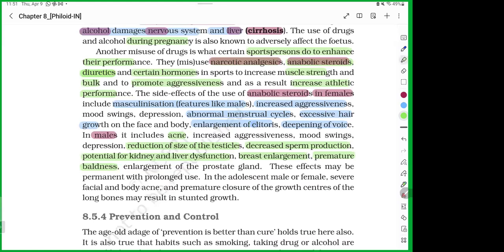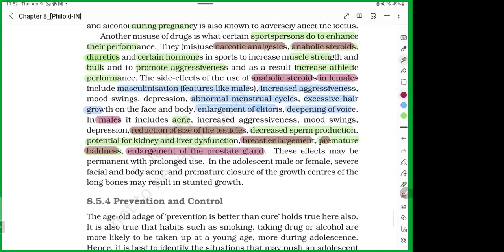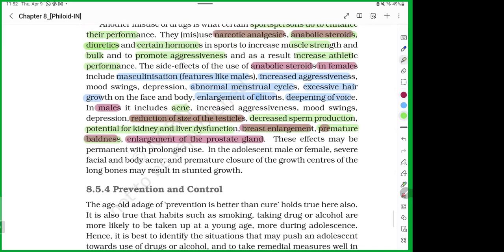Premature baldness and the prostate gland will enlarge. Chances of prostate cancer are more. Breast enlargement, and this reproductive aspect is really important. And premature baldness. And all these effects can be permanent.